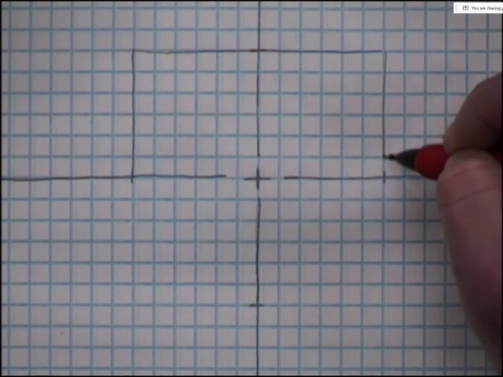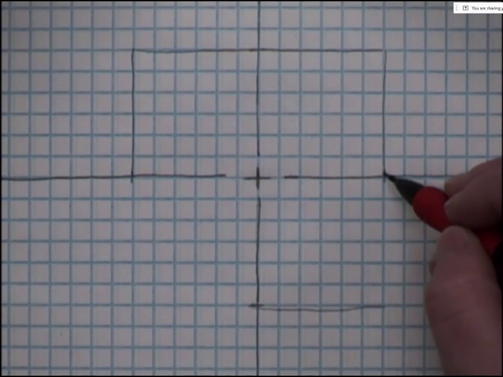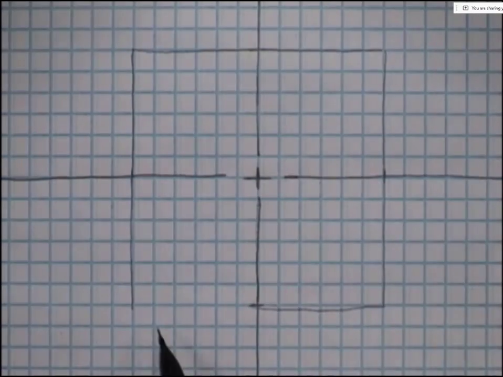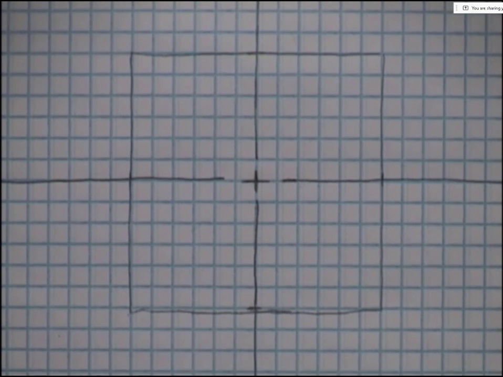That's the size of my circle. So the square is the diameter of the circle. And remember, we're going to erase this, so very, very light.